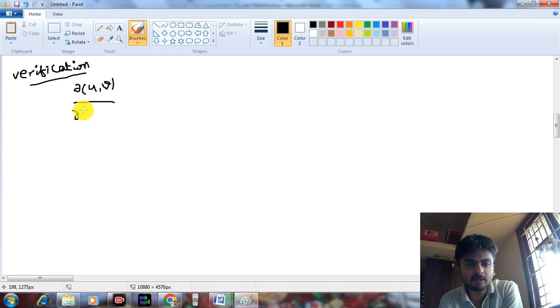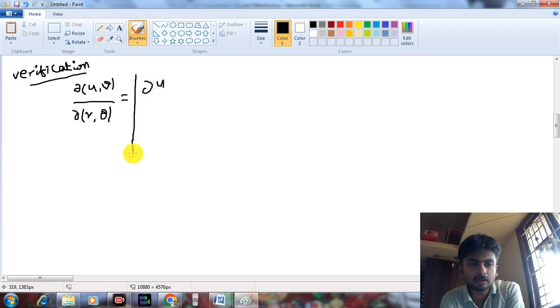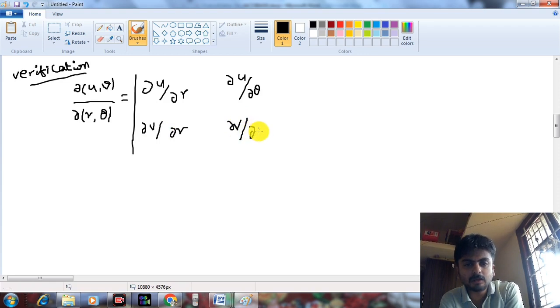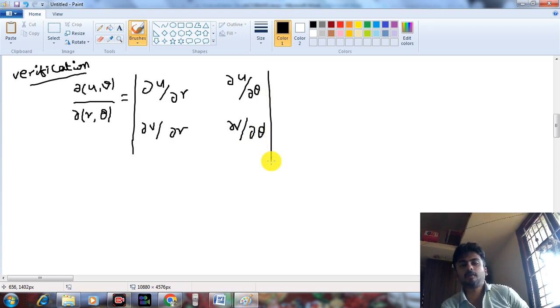We can write it as dou u by dou r, then dou u divided by dou theta, and here dou v divided by dou r, and here dou v divided by dou theta. We want to find those things.